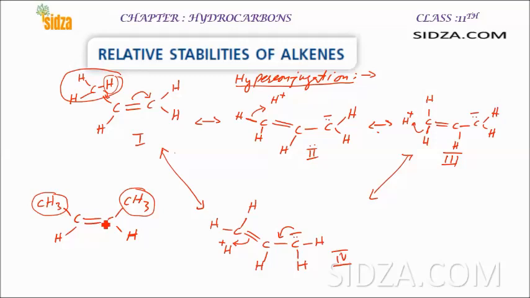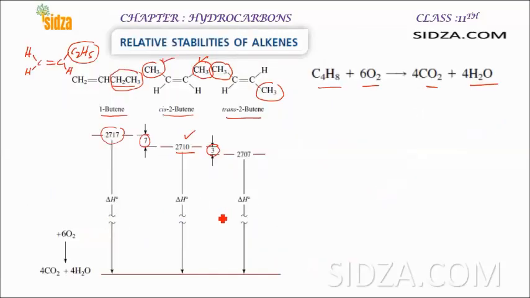That's why we find that when you increase the substitution here, the stability increases, correct? The stability increases because the energy released here is less. That means this is more stable. But-2-ene is more stable than but-1-ene because here the energy release is less, and there the energy release is more, right?